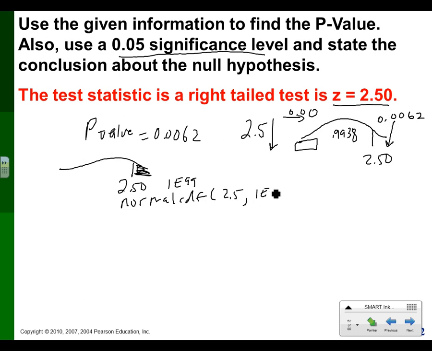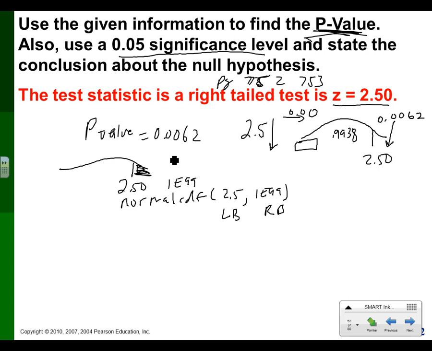If not, you can use pages 752 and 753 to find the same thing. Normal CDF, 2.5, 1E99. Remember, it was left bound, right bound. You should have gotten the same thing, 0.0062. So, that is the p-value.